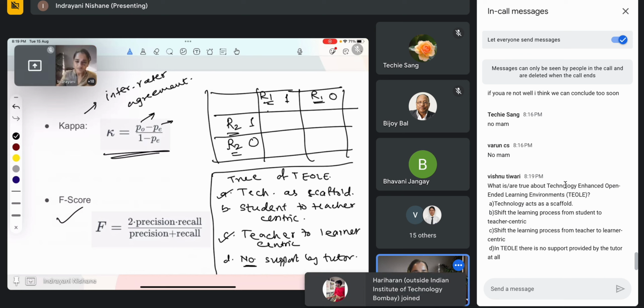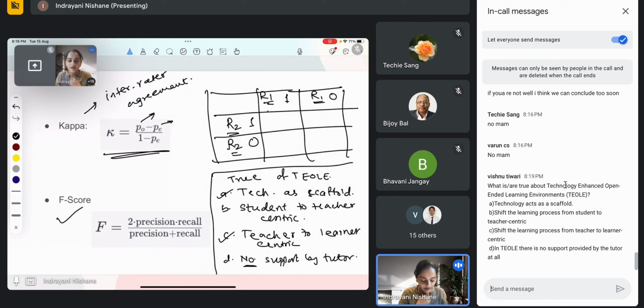Okay. I will talk with the TAs, as there might be some mistake in selecting or reporting the correct answer. But I would like to tell you something about option D here. Sometimes the meaning of an open-ended learning environment is that there is no fixed path for learners to take. Learners are expected to explore the learning environment at their own accord.